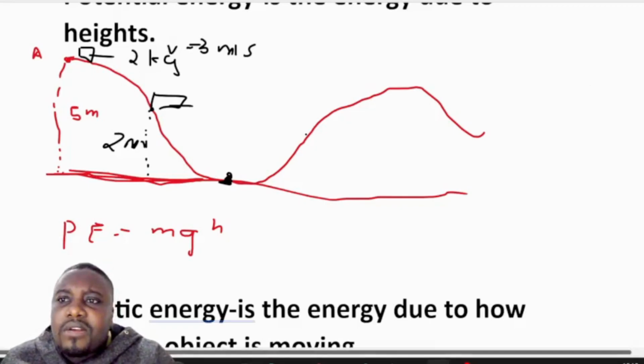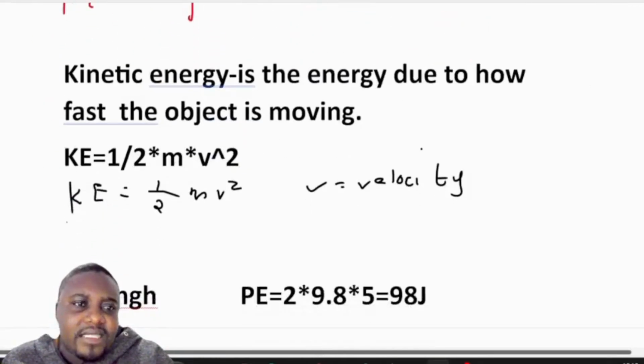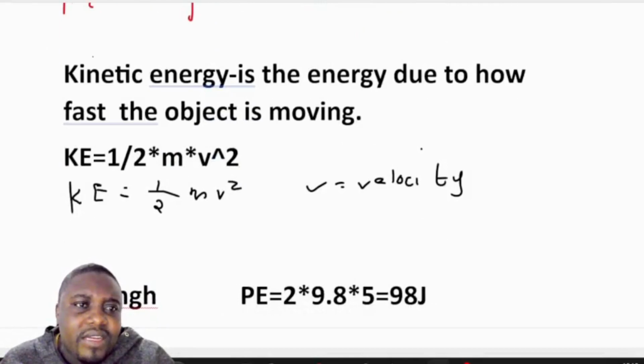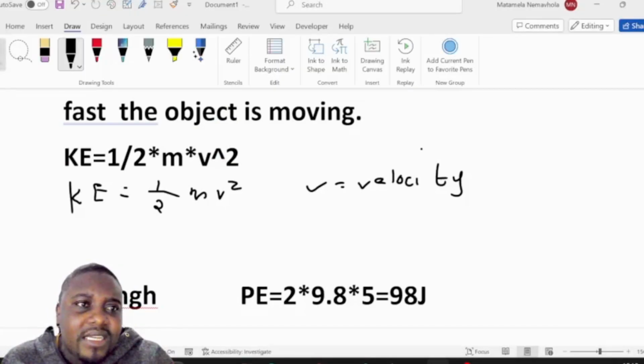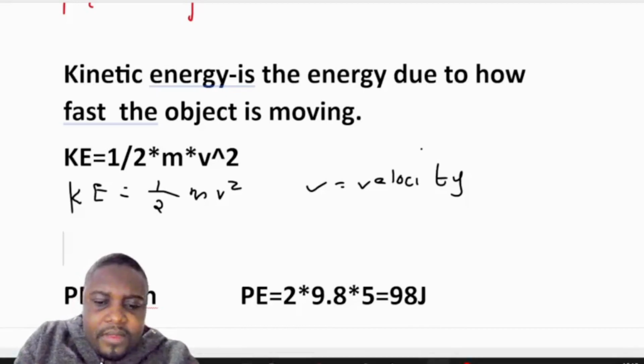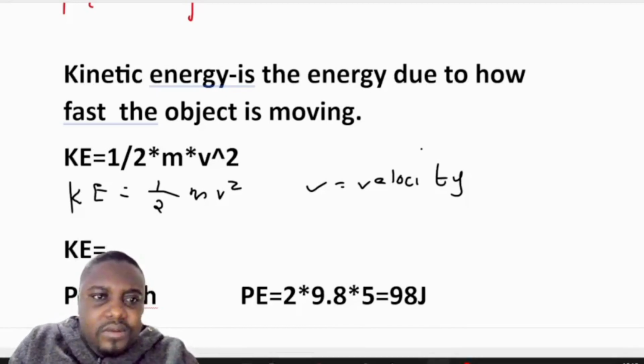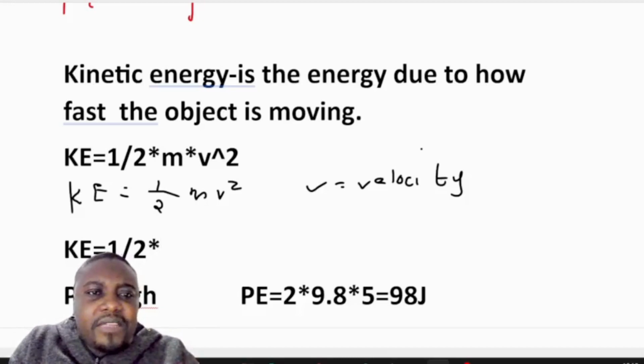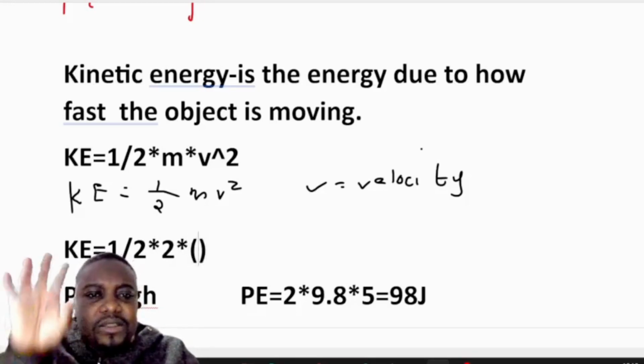So now we're going to calculate the kinetic energy. Our KE here is going to equal 1 over 2, which is 0.5, multiplied by the mass, which is 2, multiplied again by the velocity, but you must make sure it's to the power 2.